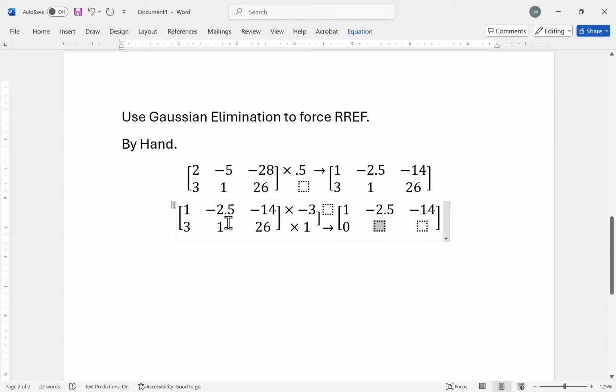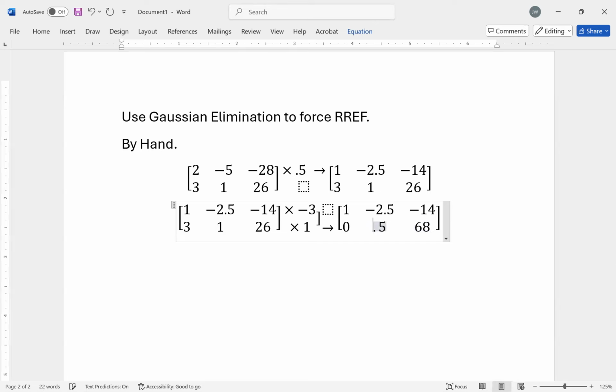Negative 3 times negative 2.5 plus 1 times 1. Negative 3 times negative 2.5 is 7.5, and 1 times 1 is 1. When I add those, I get an 8.5. Negative 14 times negative 3 plus 26 times 1 gives me a 68. Hopefully everybody understands where I'm getting that.